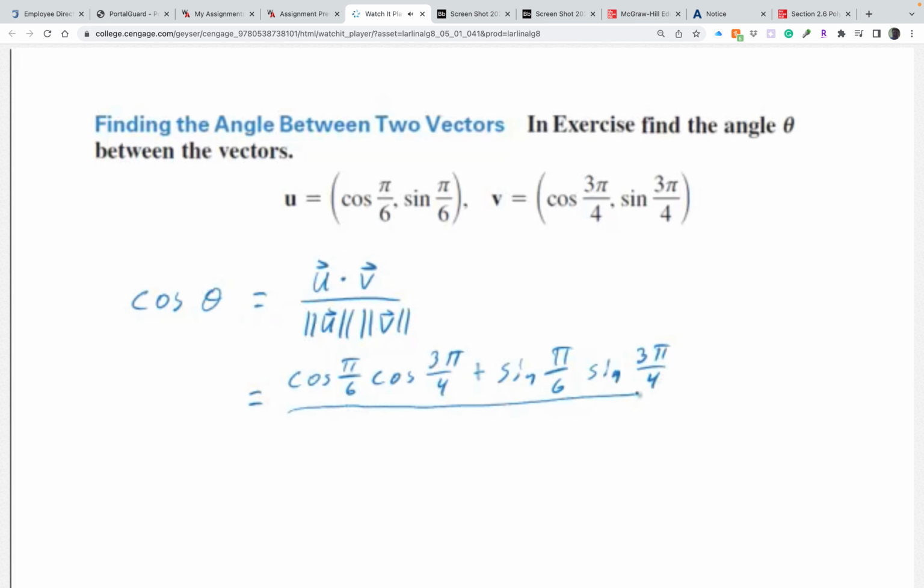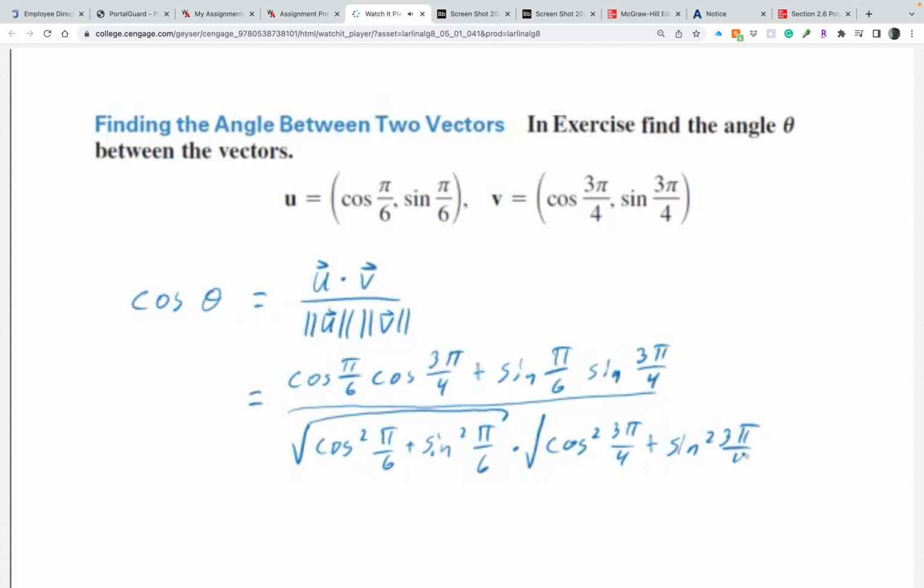This will be divided by the magnitude of these two vectors, so it will be the square root of cosine squared of pi over 6 plus sine squared of pi over 6 times the square root of cosine squared of 3 pi over 4 plus sine squared of 3 pi over 4.